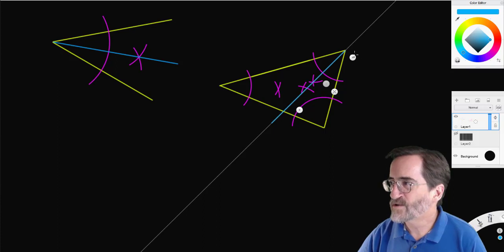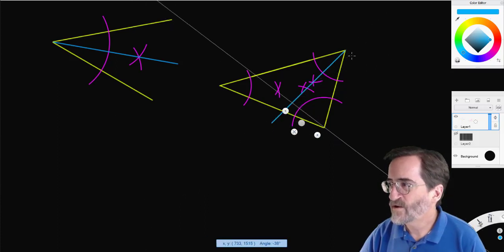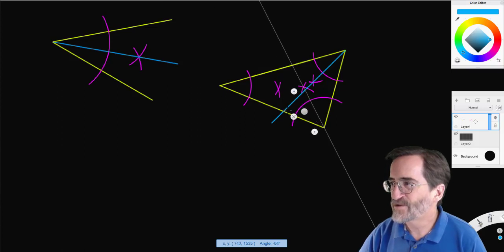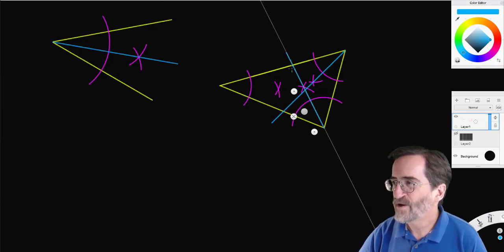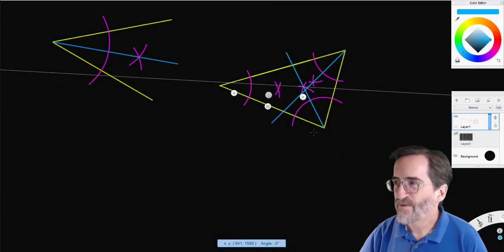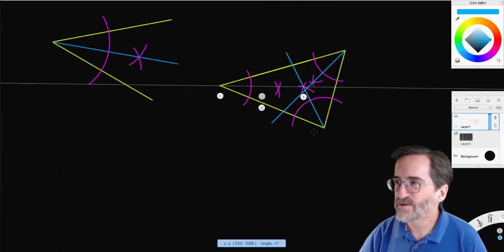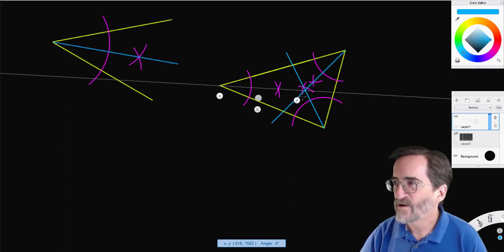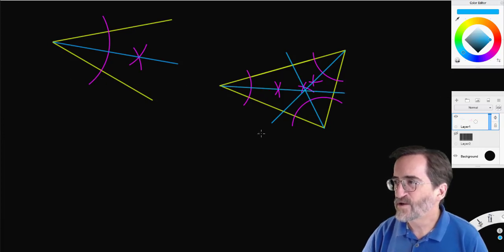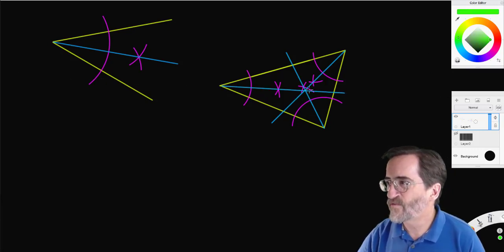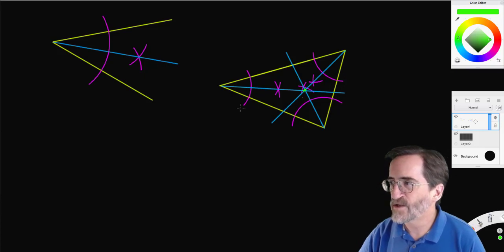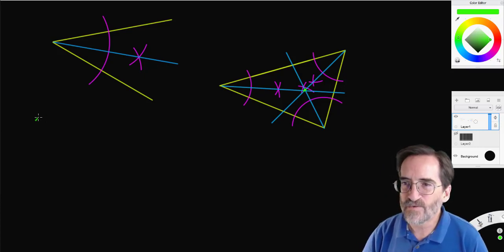One angle bisector, two angle bisector, okay, and three angle bisector, okay. And if you did it correctly, you'll notice again, just like before, they intersect at the same place. They are concurrent.